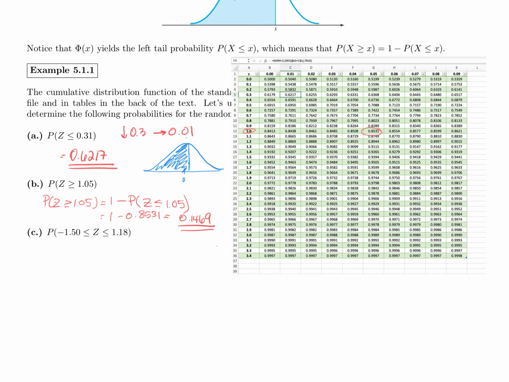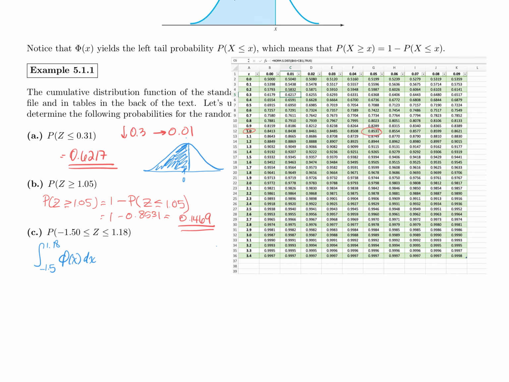And if we wanted to figure out what the probability is of Z being between negative 1.5 and 1.18, then we have to look at this and remember that it has something to do with our definite integrals. So essentially, if you think about this one, what we're trying to do is integrate from negative 1.5 to 1.18 our phi of x, right?